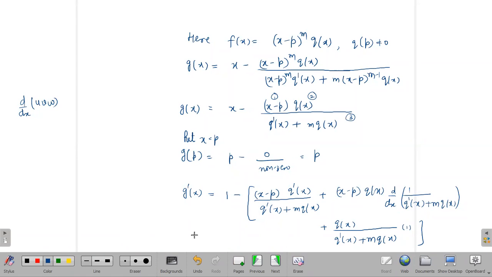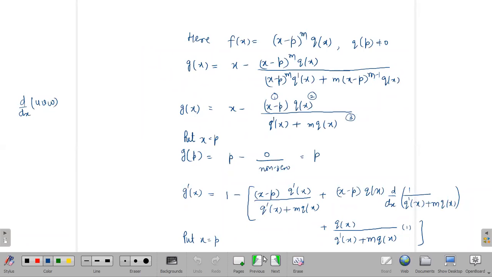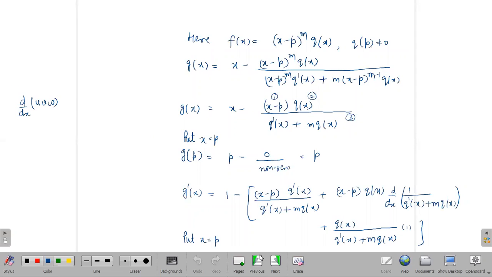So now put x is equal to p. Let us check it is 0 or not. So g dash at p, it is 1. It is 1 here, and minus. So this first term will be 0 because it is a multiple of x minus p factor.